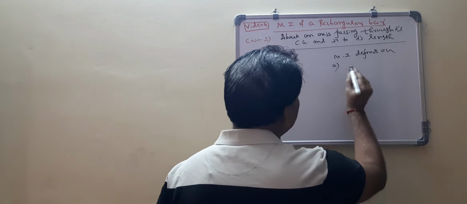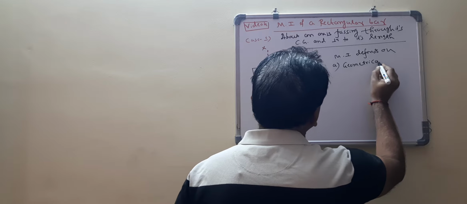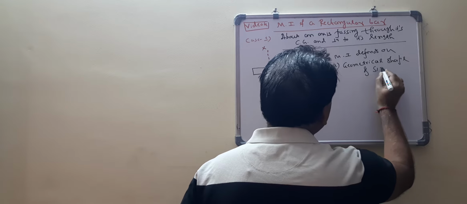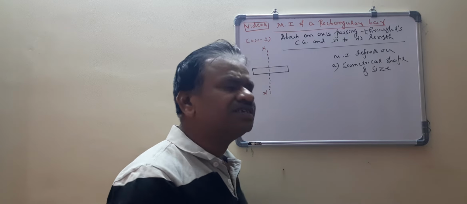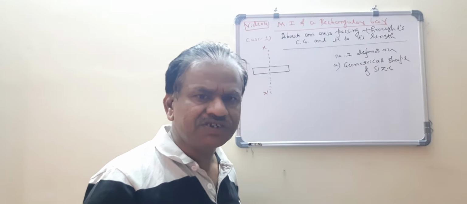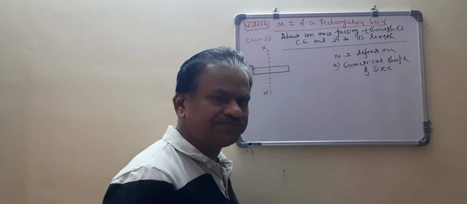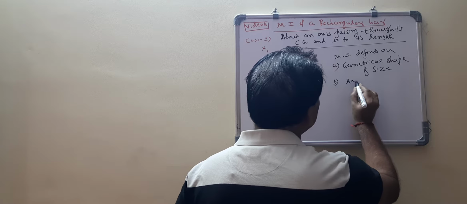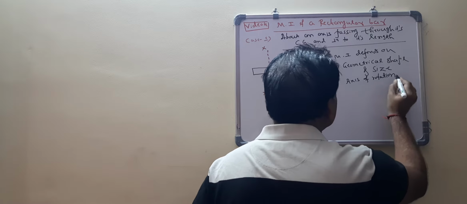Moment of inertia depends on, first, geometrical shape and size. Size means mass. Shape means whether it is a rectangular bar, disc, ring, pyramid shape, or spherical body. It is not the same for all. Second, it depends upon the axis of rotation.